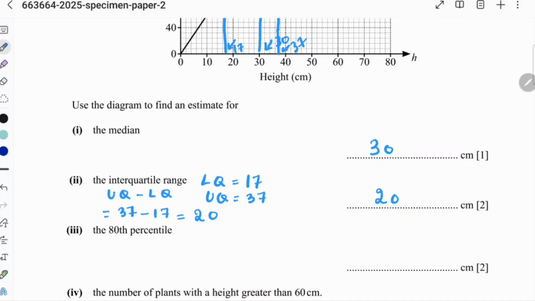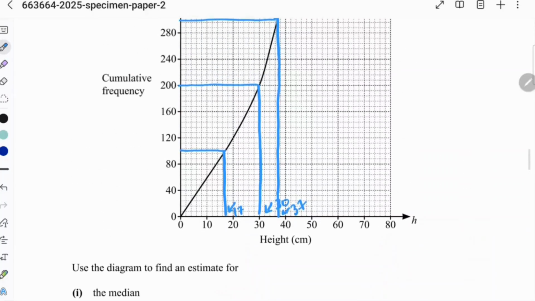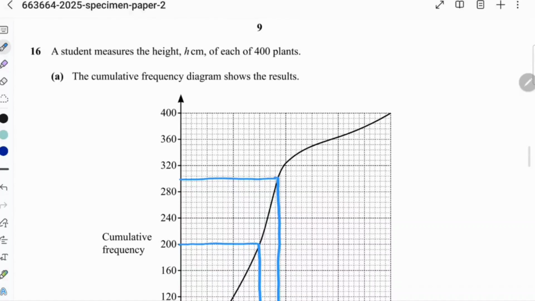Now the 80th percentile means 80% of 400. So 80% of 400 will be equal to 4 times 8, which is 32, so we'll have to look at 320. So just go up and check at 320.